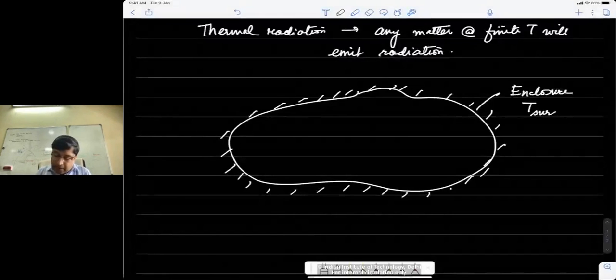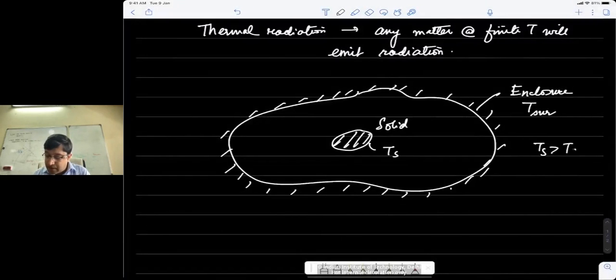Okay, and say I put a body inside this enclosure, a solid, which is at some temperature, let's say Ts, and let's say Ts is more than T surrounding, and the medium inside is vacuum, so there is no possibility of conduction or convection in this system.